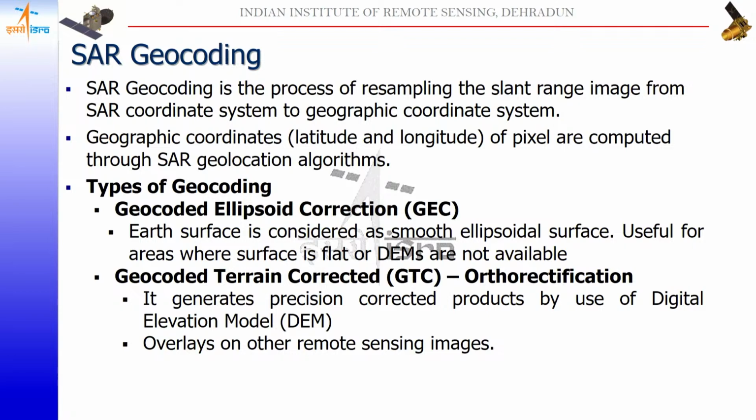So first is the earth. When the earth's surface is considered as a smooth ellipsoid surface, we consider an average height. If you have a terrain, and for that terrain we have an average height, like in the case of Dehradun, if we consider the average height of Dehradun and do this SAR geocoding, then we can say it is a geocoded ellipsoid correction.